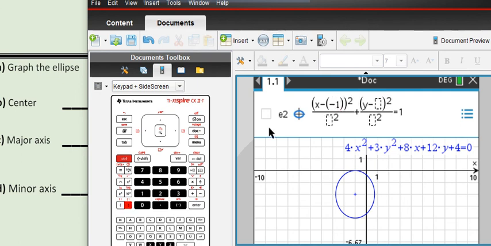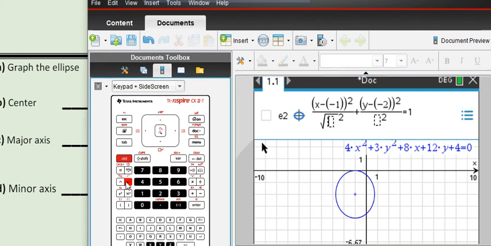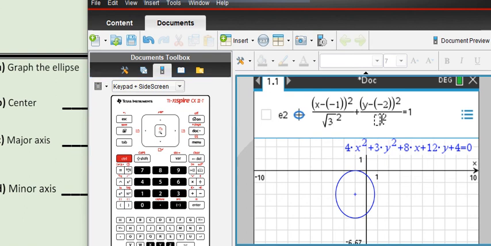I need that to be plus 2, so I put in a negative 2. And finally, my denominator, I need this to be 3, so I have to take the square root of 3. I need this one to be 4, so I'm going to put in 2 squared.